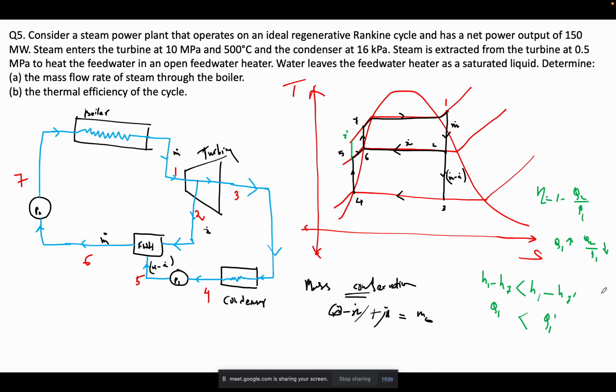And if my Q2 by Q1 decreases, the subtraction value also decreases, yes or no? So in this way the efficiency of this part is also increased. So that is why this reheat is done, regeneration is done, in order to have this increase in the efficiency. So what we will do now, we will find out all the different points, okay. Is it clear?